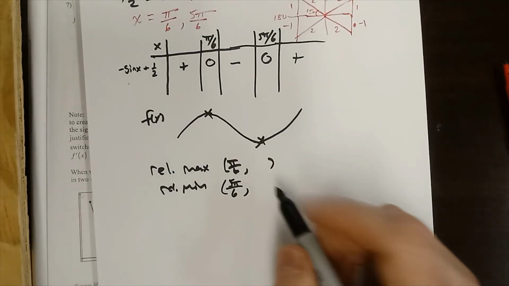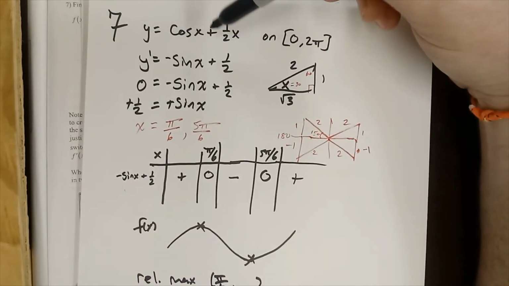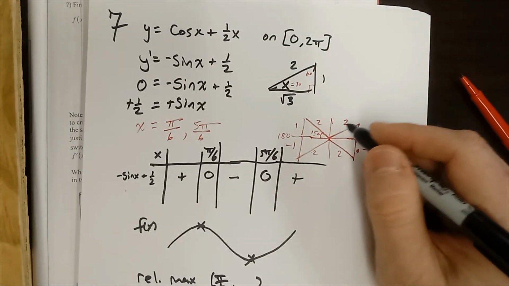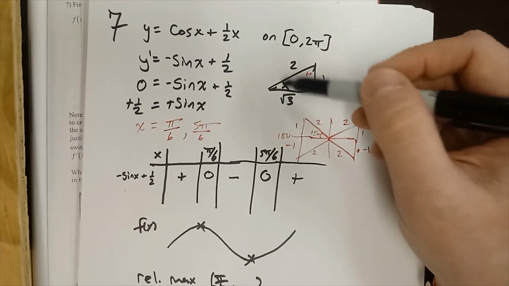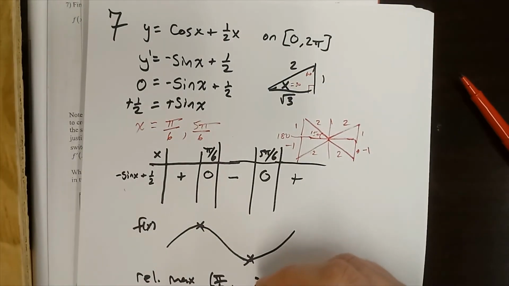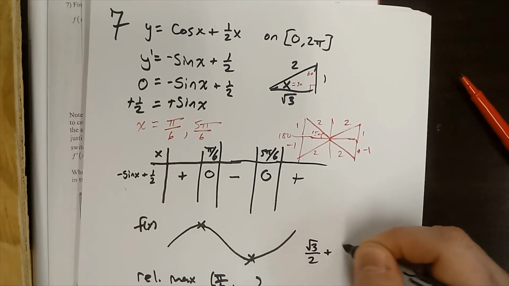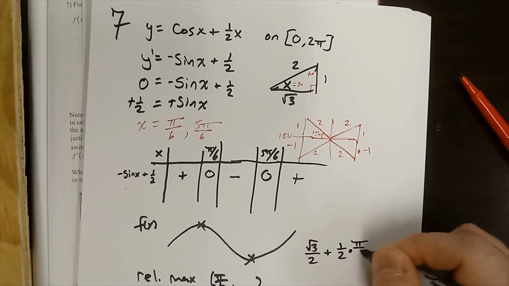Okay, let's see. So if I plug pi over 6 into the original, cosine of pi over 6 is, well, we have it right here, right? Cosine would be adjacent over hypotenuse, so root 3 over 2. It's going to be root 3 over 2 plus 1/2 times pi over 6.